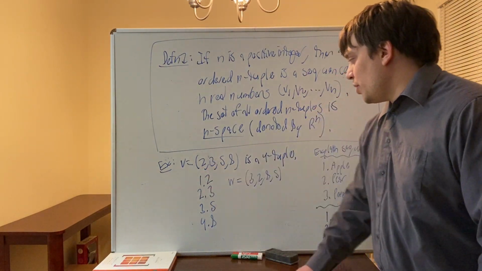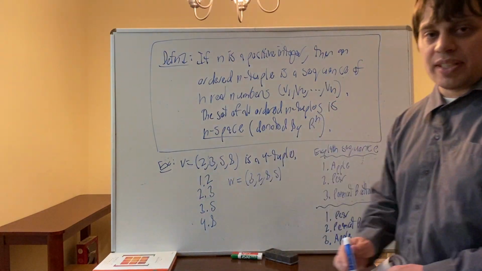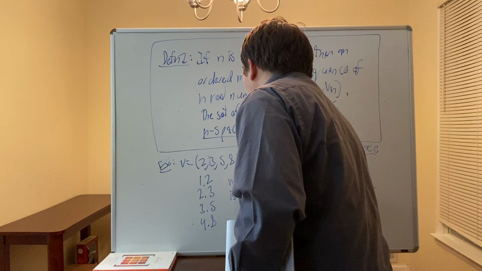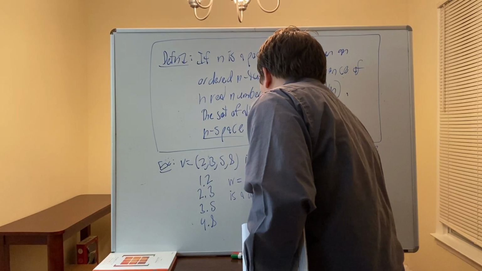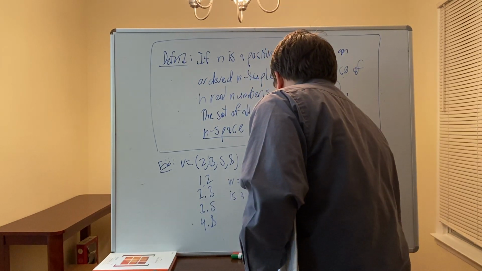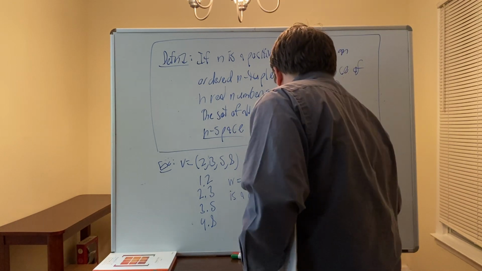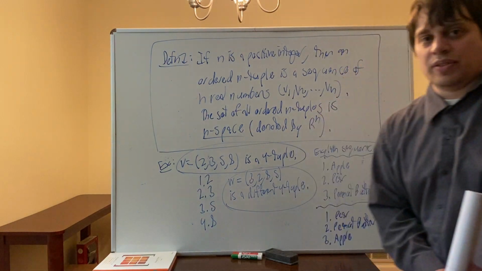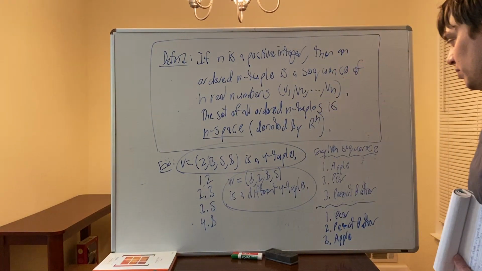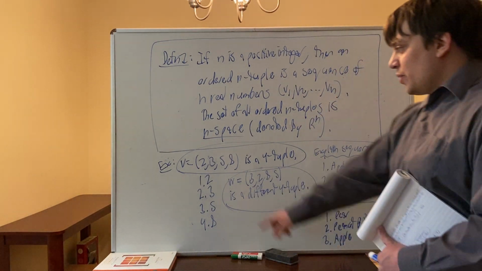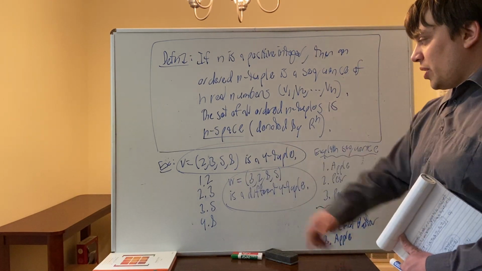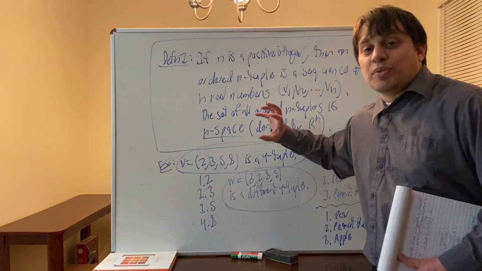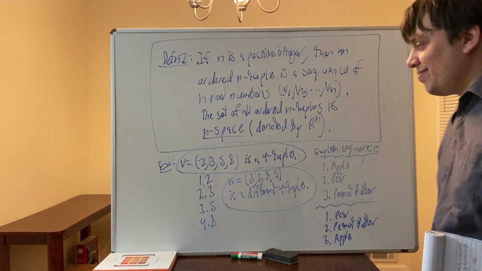Here the first number is 2, there the first number is 3, so right away you can see it's a different list. Understanding a sequence is a little bit difficult and confusing, so I'm just trying to explain it there. This is an ordered list of 4 things, so it's a 4-tuple. This is also an ordered list of 4 things, also a 4-tuple, but a different one because we changed the order.